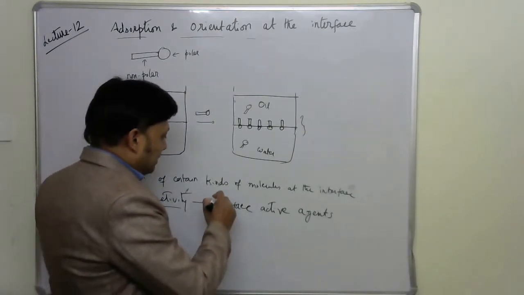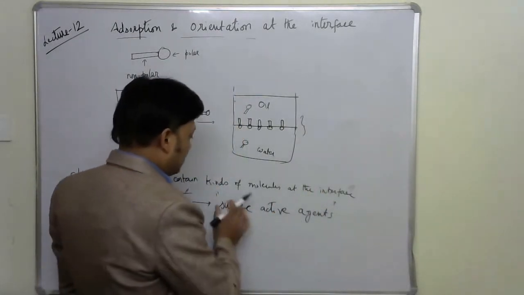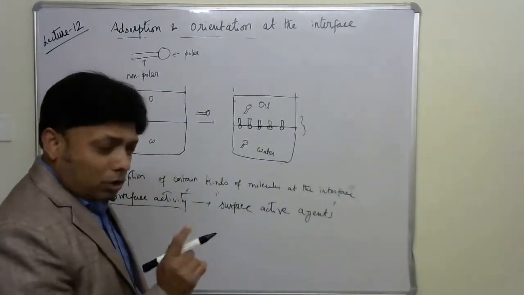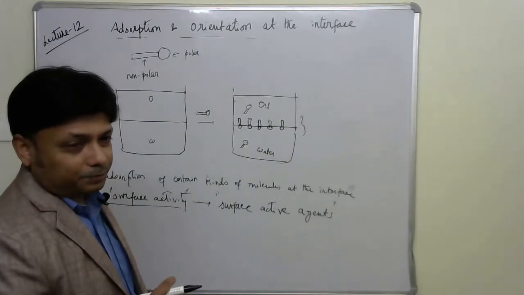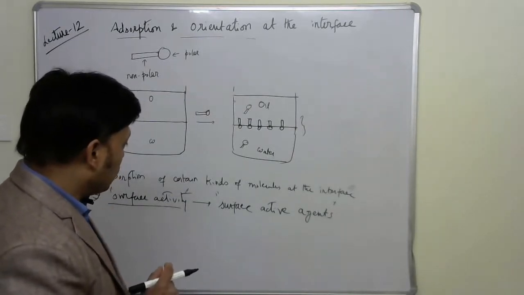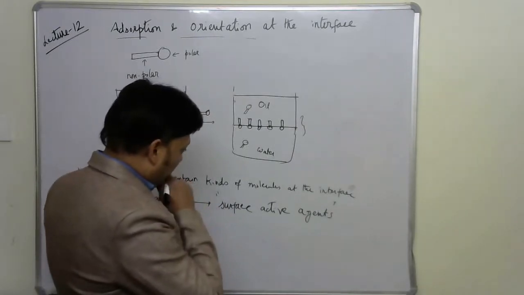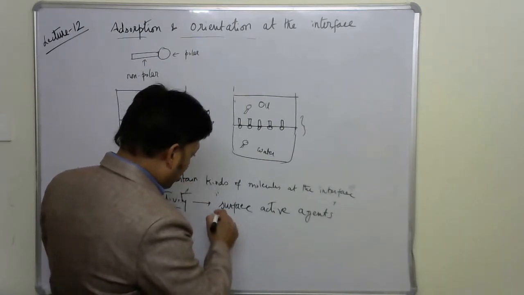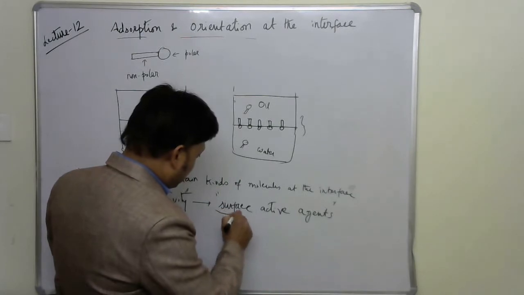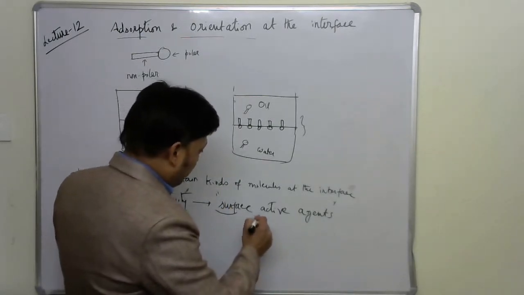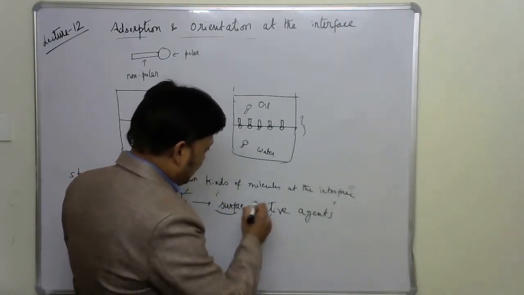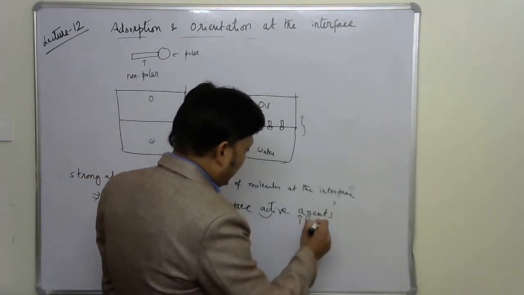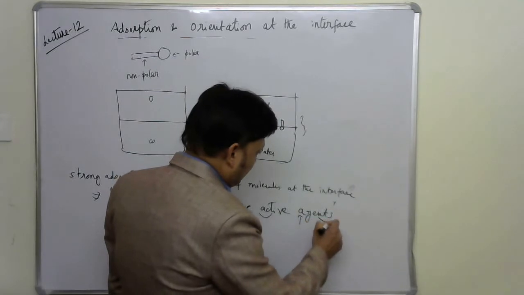Now these three words, surface active agents, can be shortened down to a single word. We take the first four letters, surf, and then the three letters here, act, and then this A here and NTS over here.